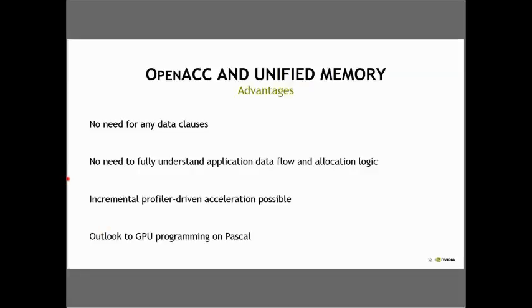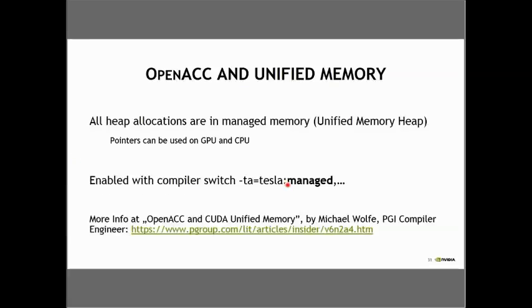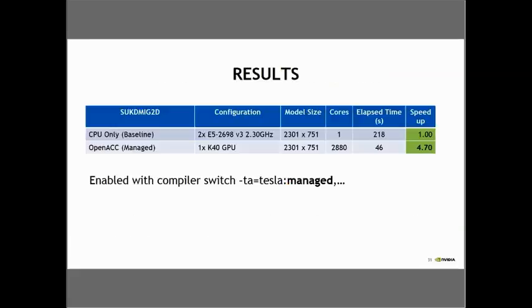So we did that. We just added these compiler directives around the loops. We compiled it with this Tesla managed option, and here's the results. Not too bad. Not too bad at all. In fact, as a geoscientist not having to worry about computer science, that's pretty good uplift right there.